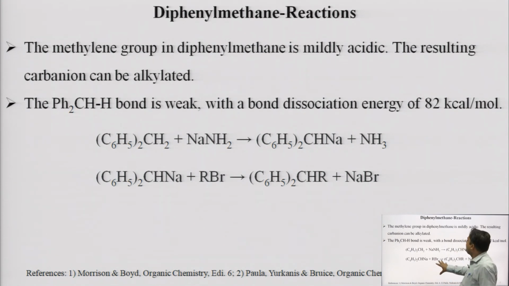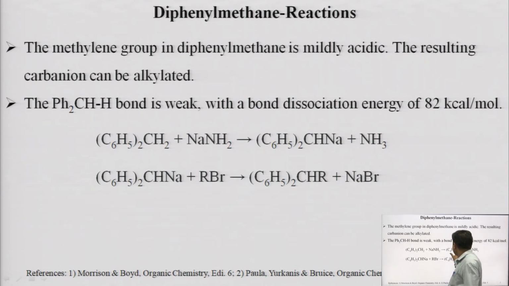Likewise, in this reaction, as you can see, diphenyl methane when reacted with sodium amide gives the sodium salt of diphenyl methane. Again, one hydrogen atom gets removed from diphenyl methane and a sodium atom is added. NH3 is produced as a side product.